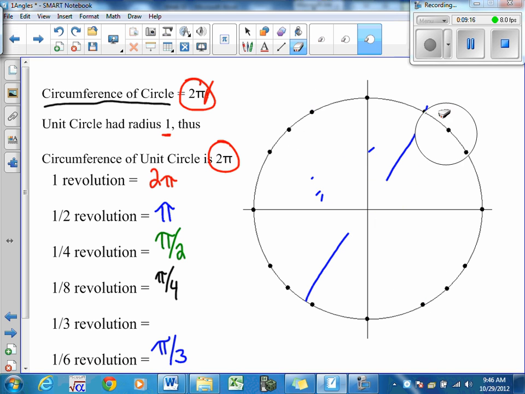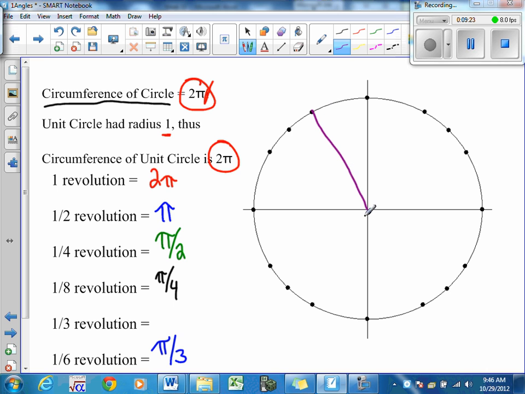Now, if I want to divide this circle into thirds, sorry, put that one in the wrong spot. One, 2, 3. There we go.